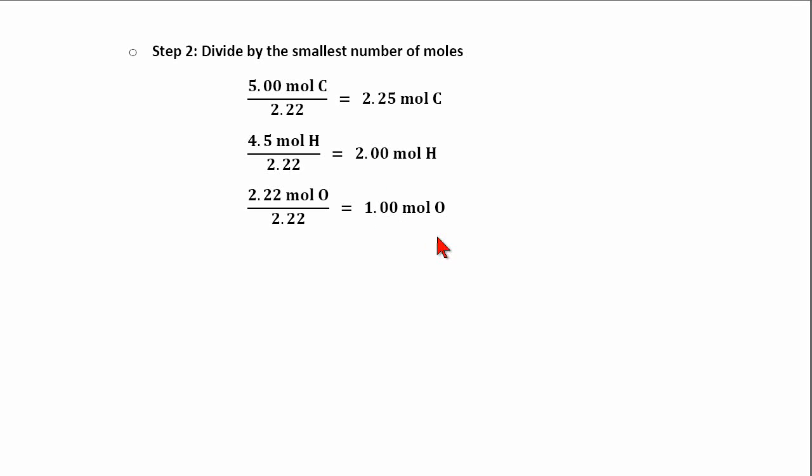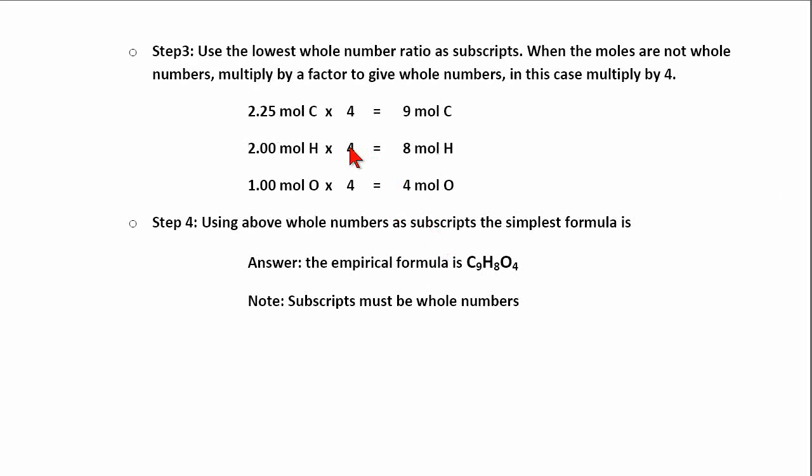Let's take a look at it. This is indeed what I get, and my answer for the empirical formula is C9H8O4. And if you look at this formula here, it is the simplest with the subscripts being whole numbers. If I divide by any other number while maintaining this ratio, it's not possible.